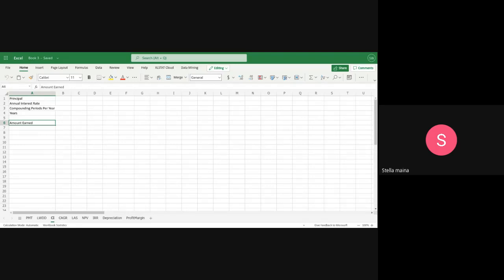So in case we have $100 in our account, in our bank, and you have been told that the investment has an interest rate of 8%.